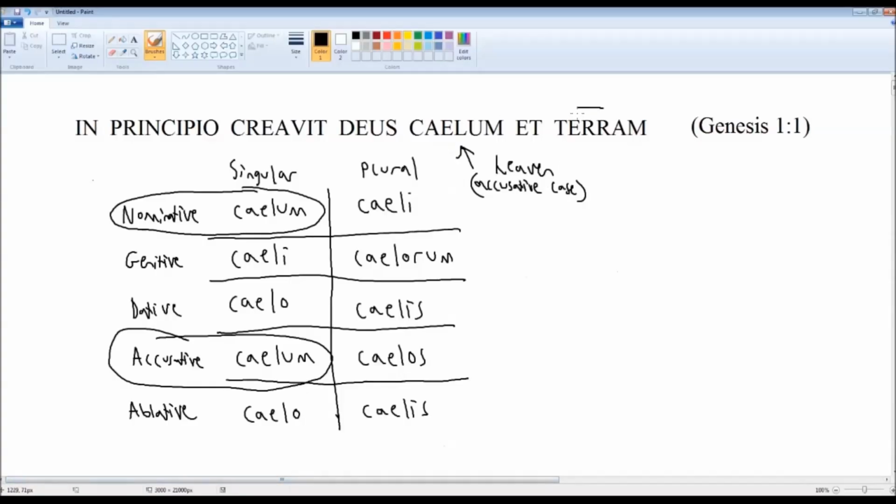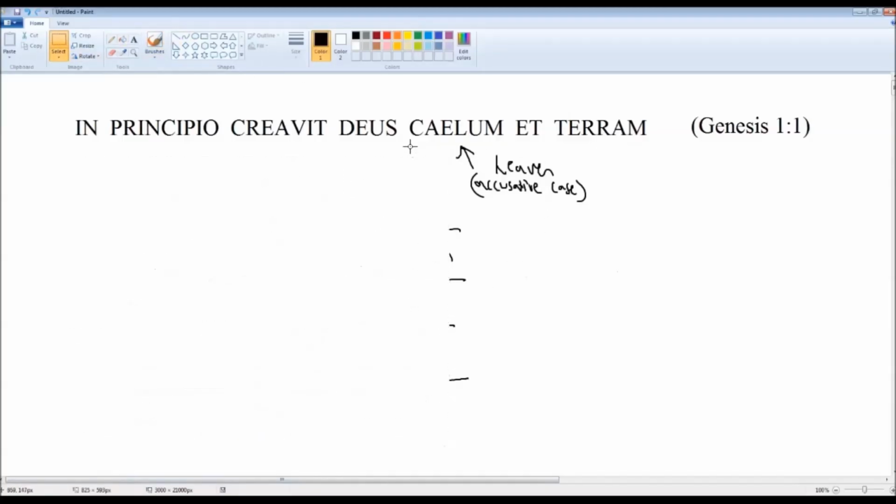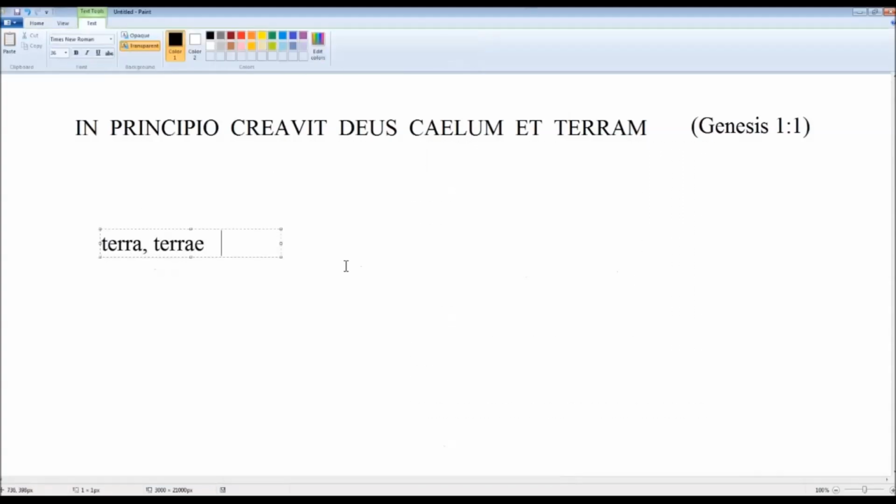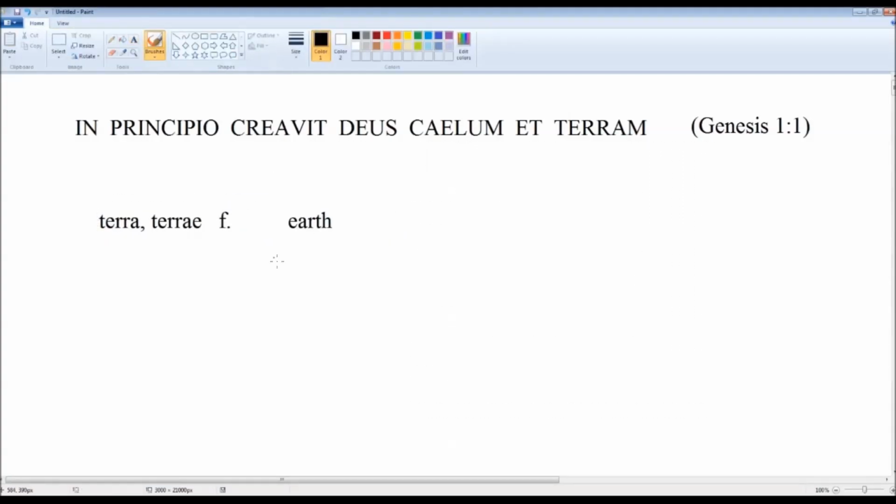And what about terram? Okay, well, terram is a first declension noun. This is what you get if you look up terra in a dictionary. We know it's first declension because it ends in an A. And so the paradigm for any first declension noun is this.